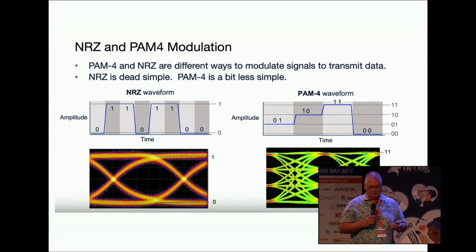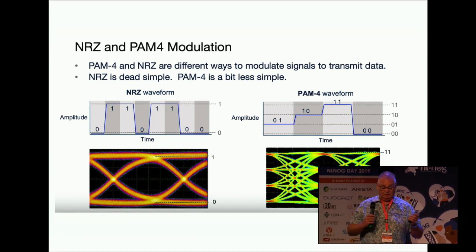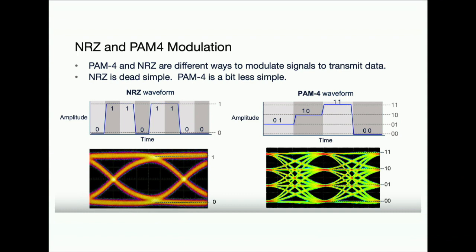So what is different from a technology perspective? And I must say I'm not an optical guy, but basically this is the 100 gigE eye chart. So we use non-return-to-zero on the modulation. And with the 200 and 400 gigE, we use PAM4.